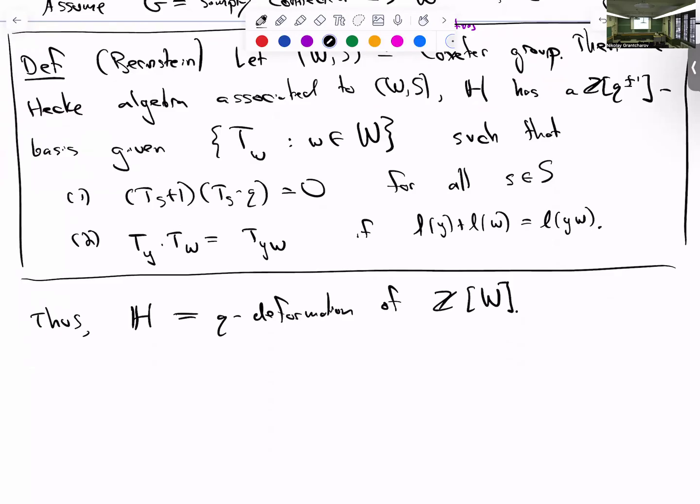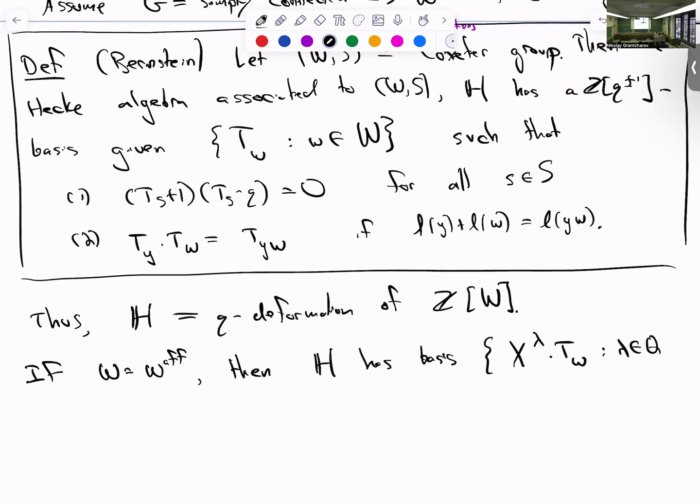There's a PBW basis, given by monomials in X^λ times T_w, where λ is in the coroot lattice and w is in the finite Weyl group.